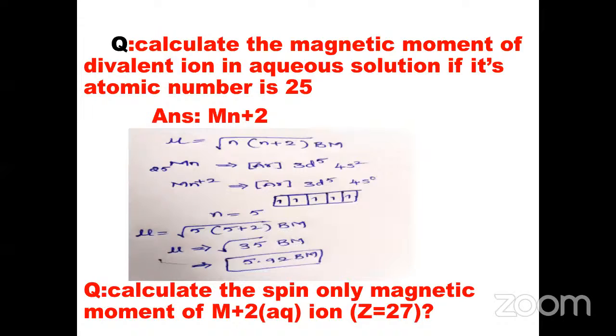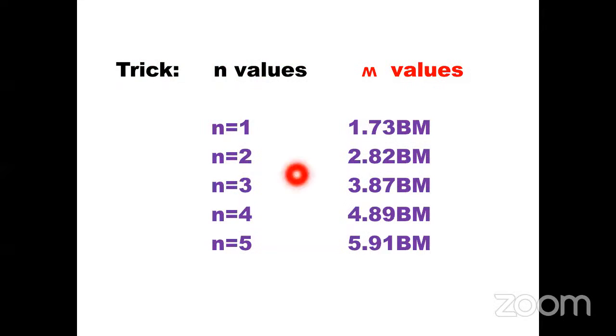So I will give one trick to remember. If n is equal to 1, then n is the number of unpaired electrons, and the mu value is 1.73 Bohr magnetons.